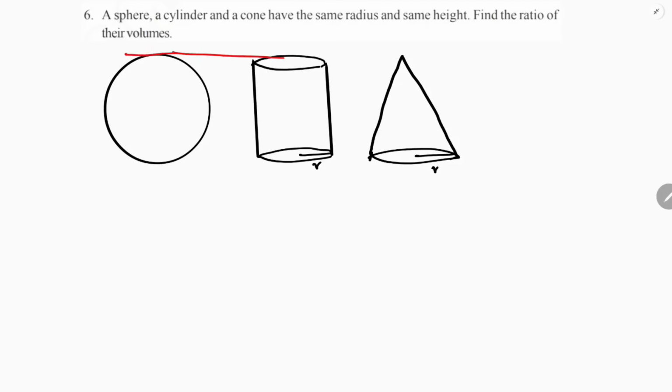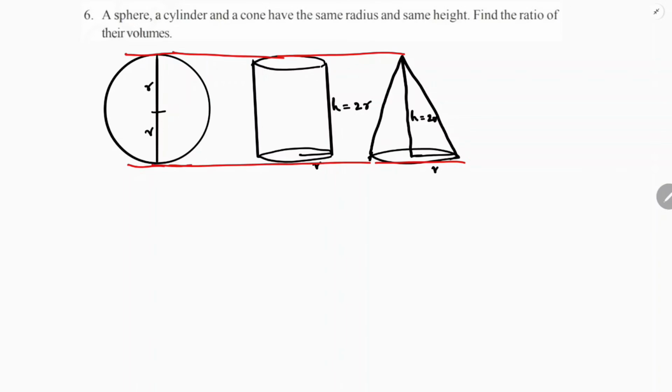Same height is here like that. So what they want to say is, here if we take the diameter, this is diameter of sphere. So this is R and R. So height of cone and height of cylinder I can write as 2R.